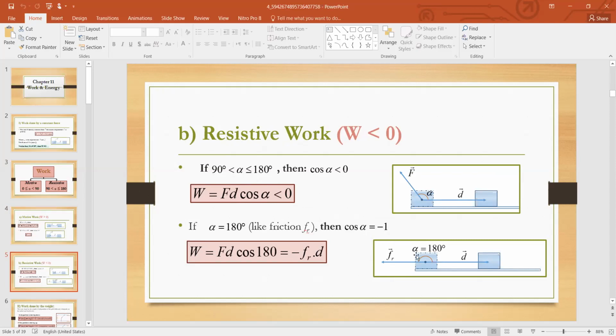So the angle between Fr and the displacement is 180, and cosine 180 equals -1. So in this case, work equals F times D times cosine 180, equals minus Fr times D, because cosine 180 or cosine pi is -1. So we can write directly work of friction equals minus Fr times D, because the friction opposes motion.